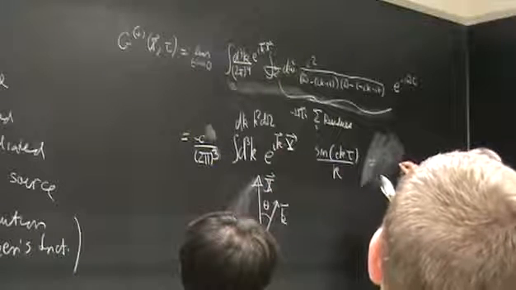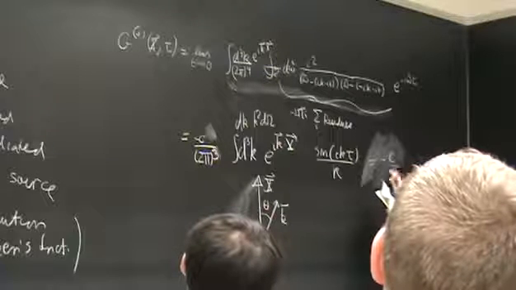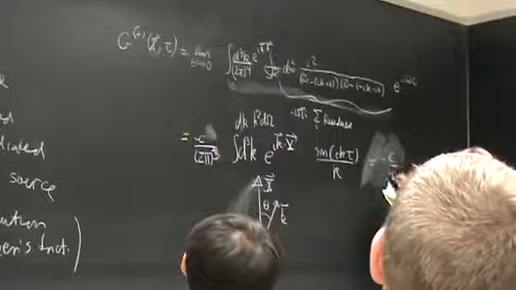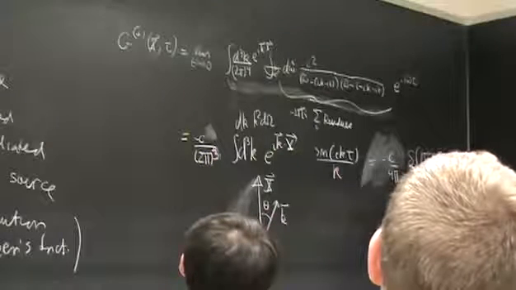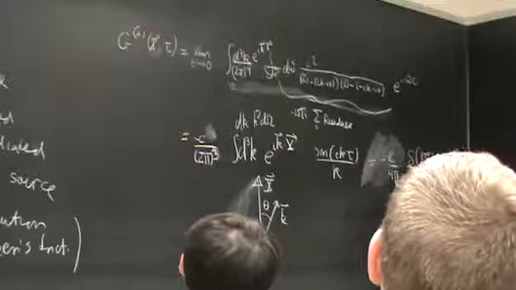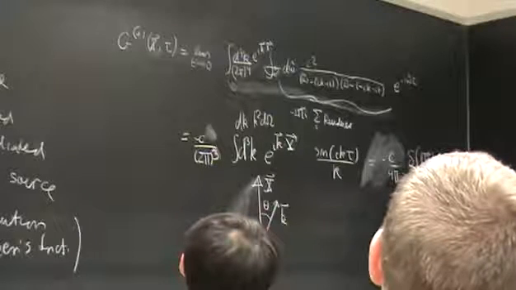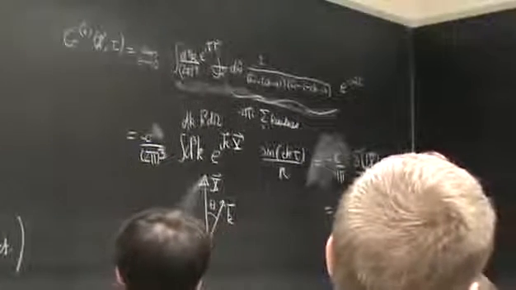And what we get is the causal solution is c over 4 pi delta function of magnitude of x minus c tau, divided by the magnitude of x. And this is my retarded Green's function.